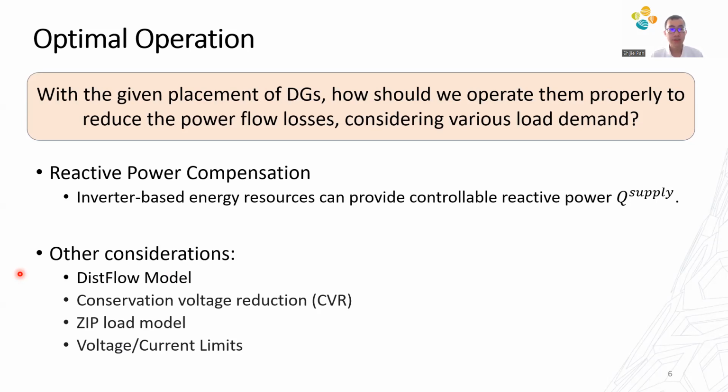We can use reactive power compensation, which is to make the DGs provide the optimal reactive power output to further reduce the power flow losses in the system. For other considerations, we have the DistFlow model, conservation voltage reduction, CVR, and the VIP load model and voltage and current limits. Let me talk about them in more detail.